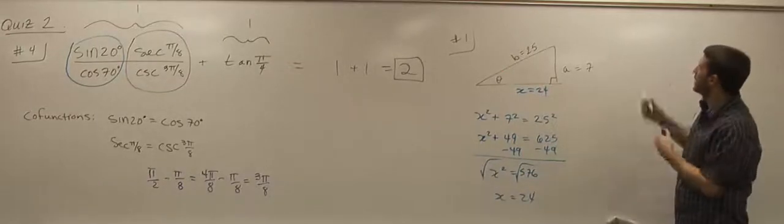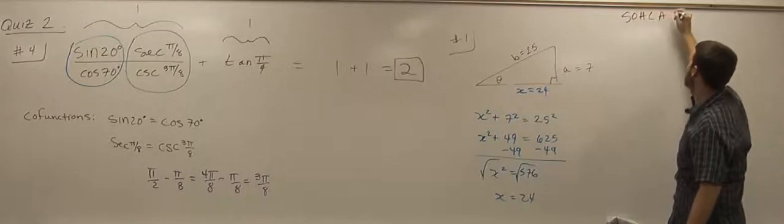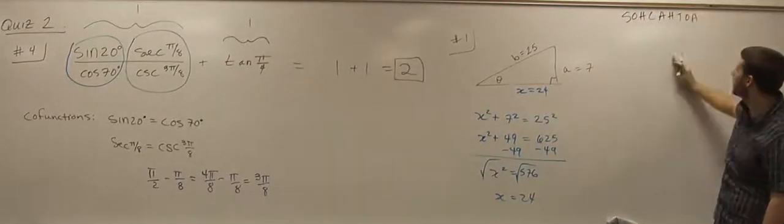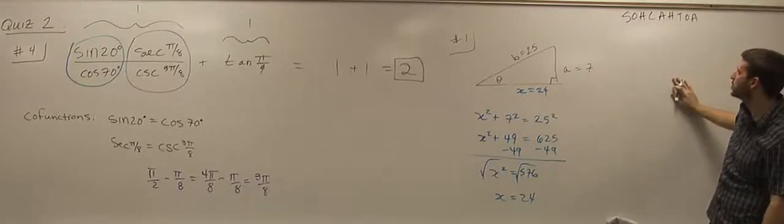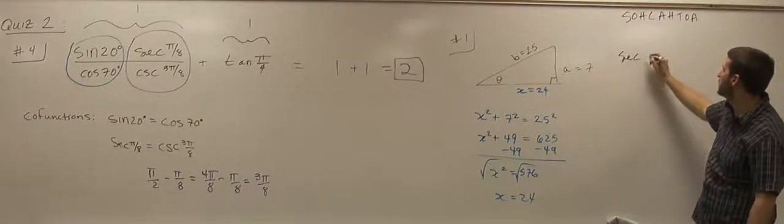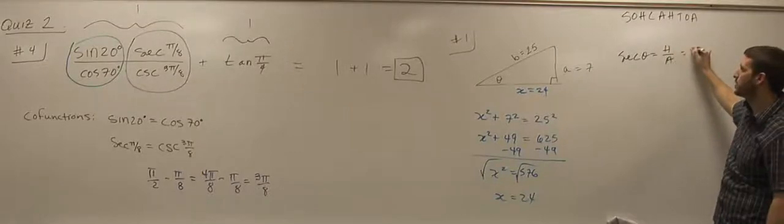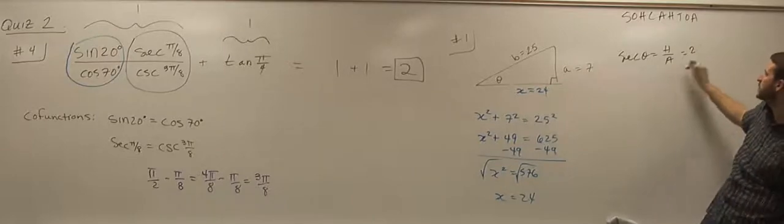You know that sine is opposite over hypotenuse, cosine is adjacent over hypotenuse, and tangent is opposite over adjacent. For your reciprocal functions, secant, cosecant, and cotangent, you have to flip all of these. So secant, for example, is the reciprocal of cosine, so it's hypotenuse over adjacent, which will be 25 over 24, because that's the hypotenuse over the adjacent side.